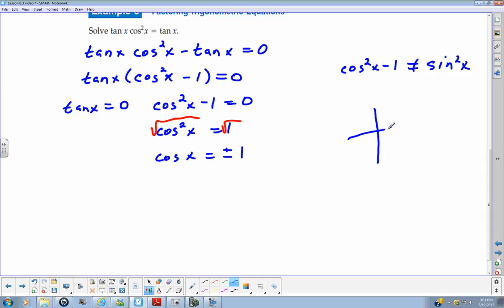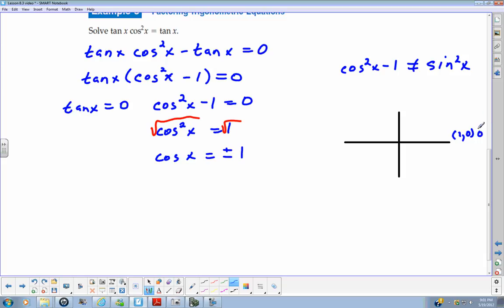So if I think about my unit circle here, here's our point here, where cosine is 1, sine is 0, and tangent is also 0.